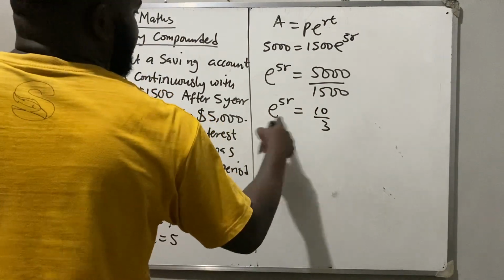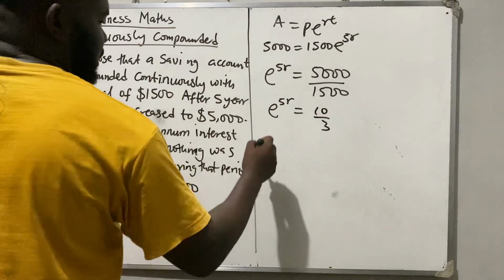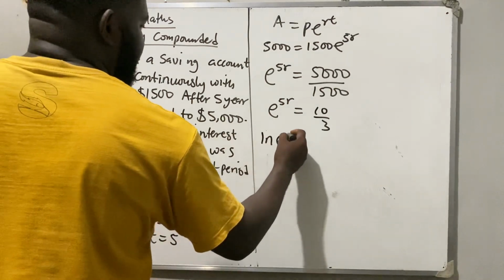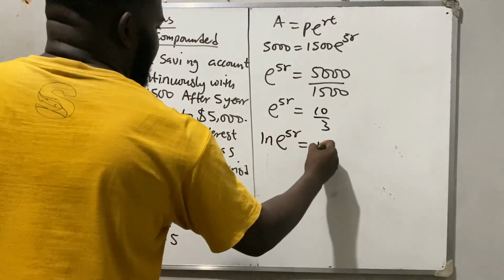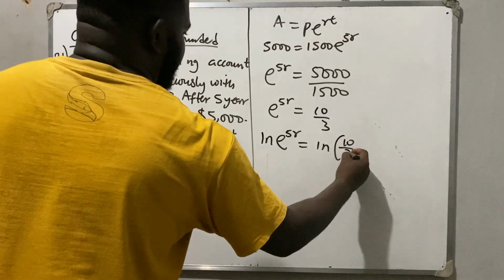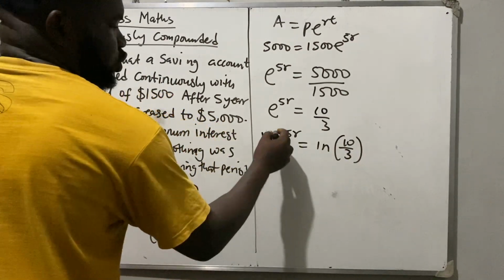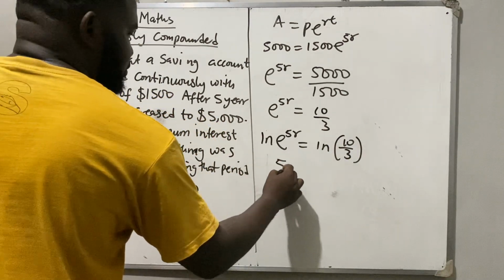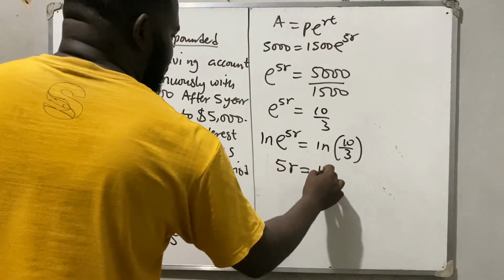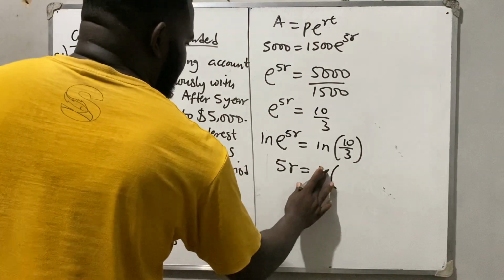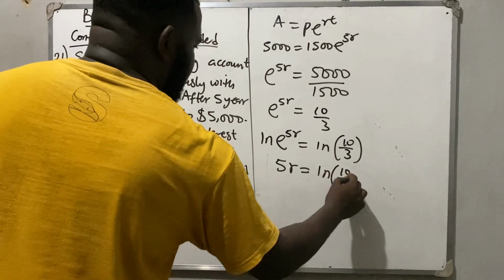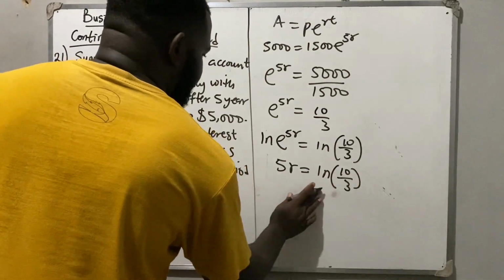Having this, take the ln of both sides. I'm going to have ln 10 over 3. Therefore, ln is the opposite of exponential, it will cancel out. So 5r is equal to ln of 10 over 3. Then divide both sides by 5.